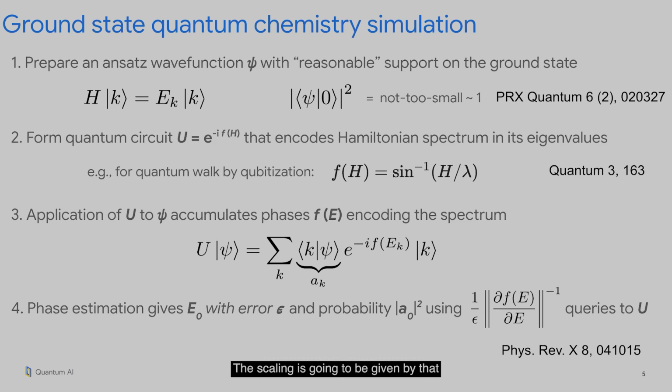The scaling is going to be 1 over epsilon. This is called the Heisenberg scaling. And then it's going to be multiplied by the gradient of f of h. In time evolution, this is just linear, so the derivative of f is 1. In the case of the quantum walk, the derivative of this arc sine is a bit more complicated. And that will turn out to be very important to get speedups by the techniques we show later.